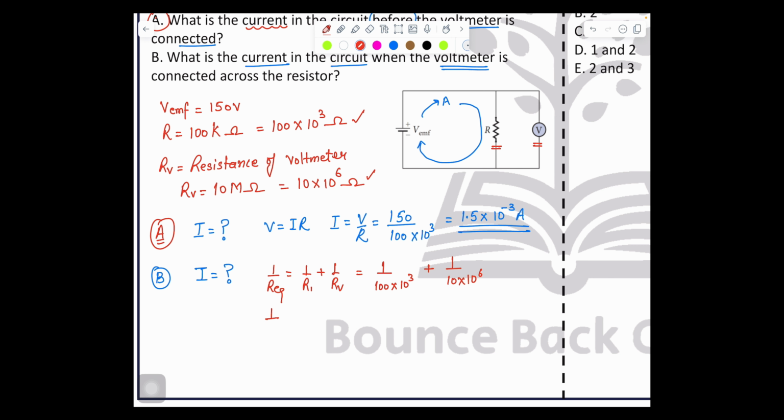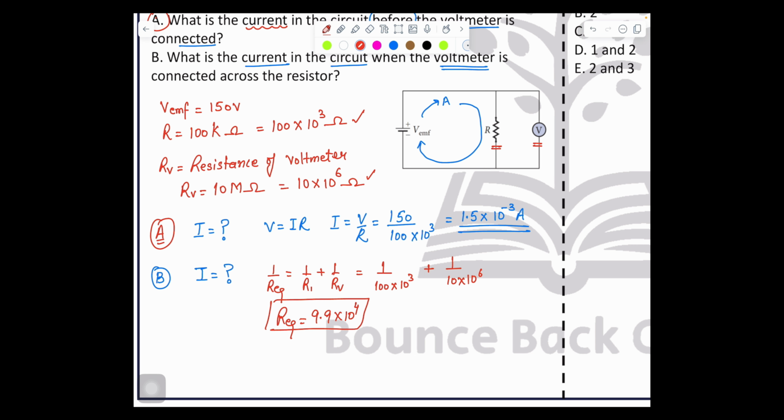When you solve this, you will get R equivalent is equal to 9.9 times 10 power 4. Clear? This is your R equivalent.